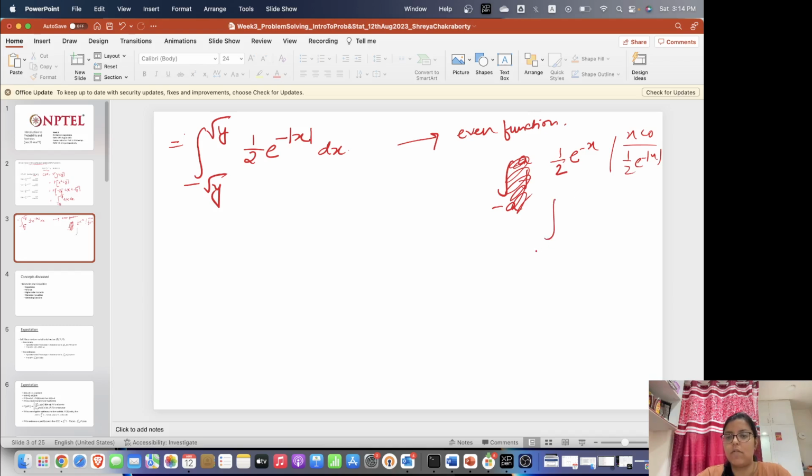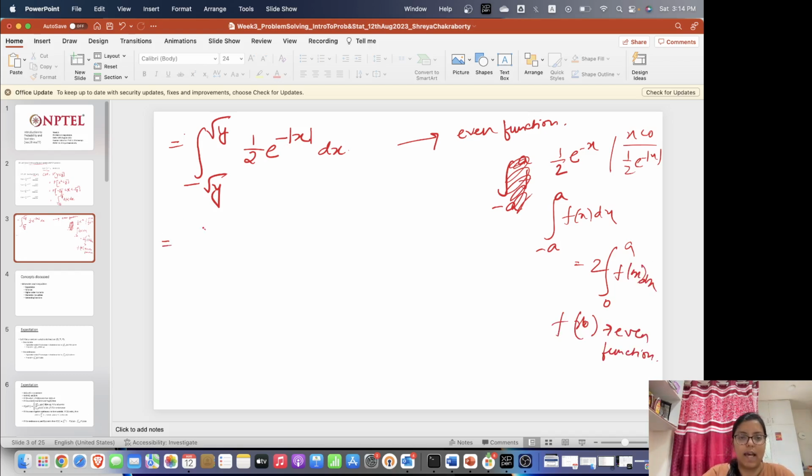So the integration of fx dx from minus a to a becomes 2 times the integration from 0 to a of fx dx when f is an even function. So using the same concept, we can write this as the integral from 0 to root y of half e to the power minus x dx, times 2. Okay, so we are using this concept over here.